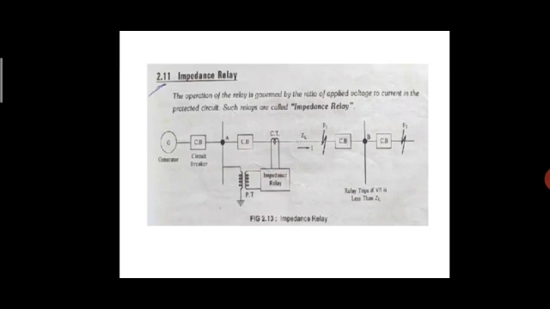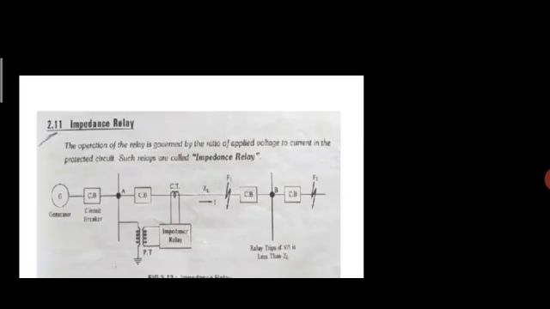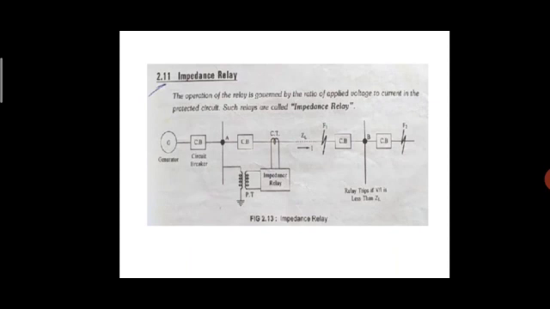Next, figure 2.3, the basic principle of operation. In impedance relay, the voltage element in the relay is excited through a PT, potential transformer, from the line to be protected. The current element is excited from the current transformer, CT, in series with the line.